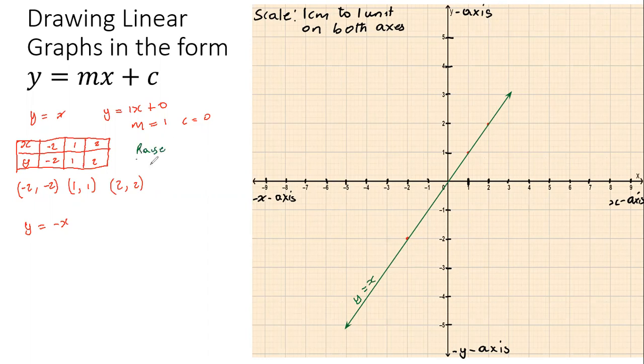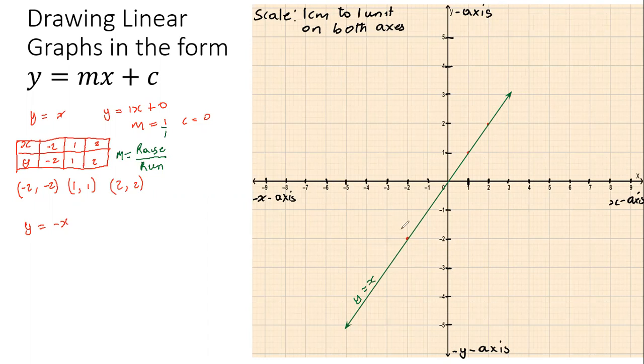Rise over run. So that is the gradient. So here, to make this look like a fraction, any whole number is the same thing as a fraction with a denominator of 1. So technically the gradient is just 1 over 1.